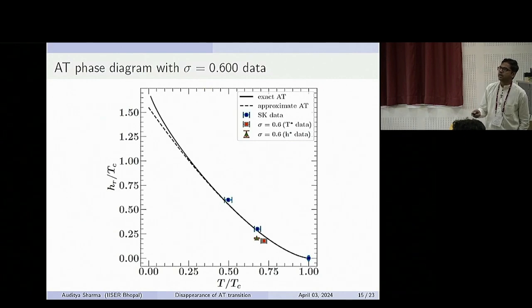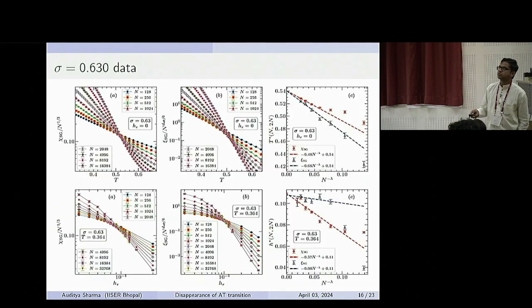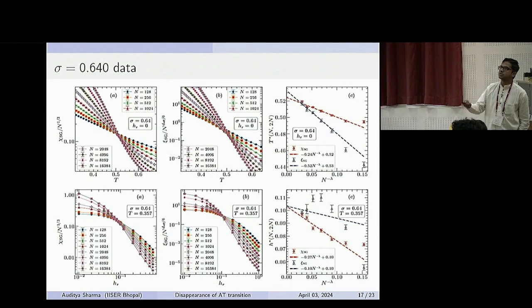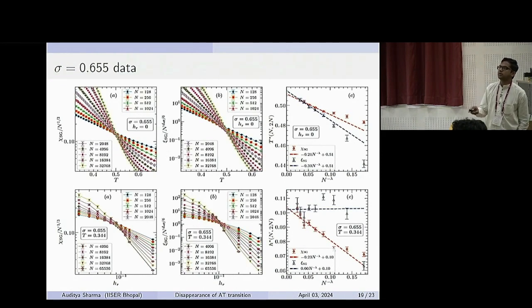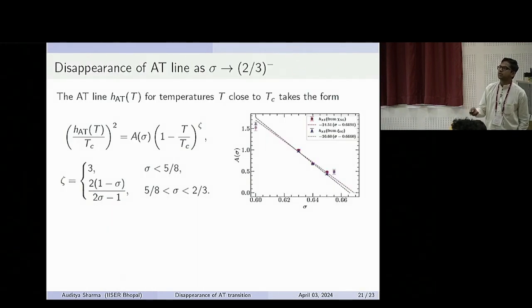For the AT line, there is an approximate expression you can write down analytically, and the data seems to sit on it. For sigma equal to 0.6, 0.63, 0.64, 0.65, we have more data. We are focusing on the regime between 0.6 and 0.67. We collect all this data and meticulously tabulate it.